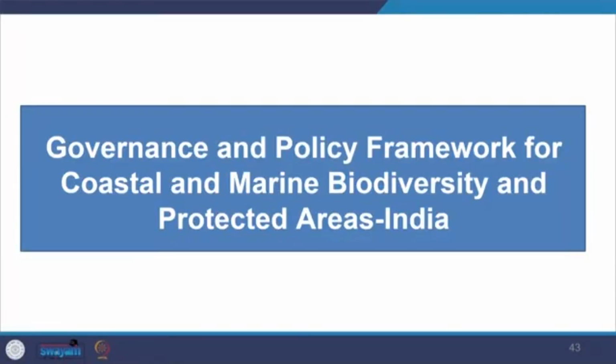Aligned with the global agreement as well as national governance and resource management, we find the following governance structure and policy framework for coastal and marine biodiversity and protected areas, and specifically in our country we will be looking at that. Aligned with it, you would see a range of laws you need to refer to and abide by.